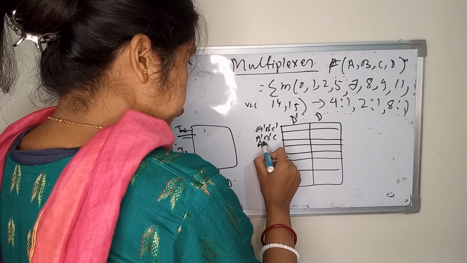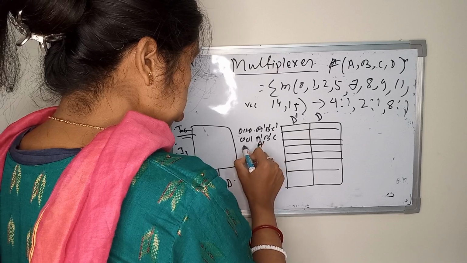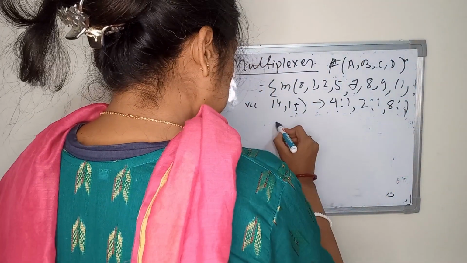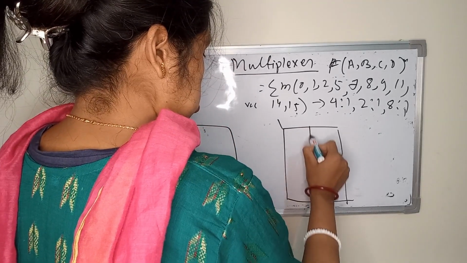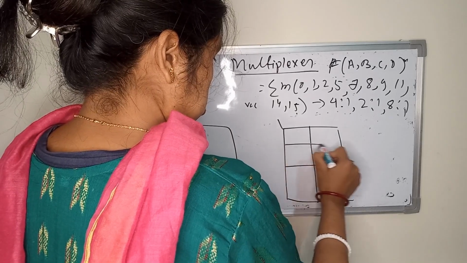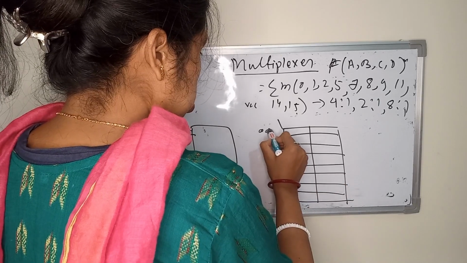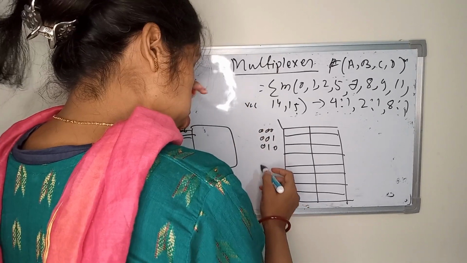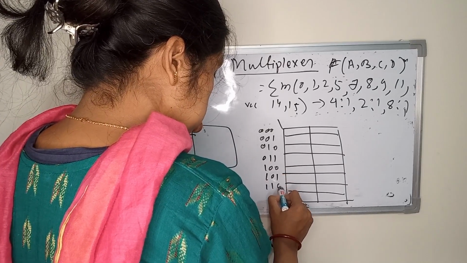Next is the 0, 0, 0, 0, 0, 1, 0, 1, 0. So ABC, these three I am writing in 0, 0, 1 combinations. 0, 1, 1, 1, 0, 0, 1, 0, 1, 1, 1, 0, 1, 1, 1.